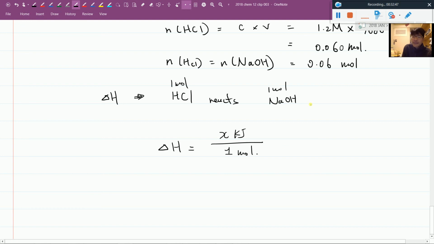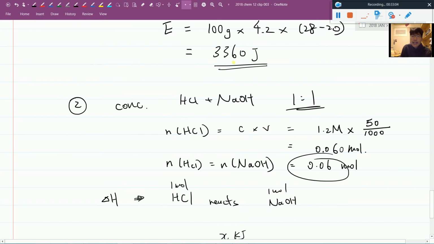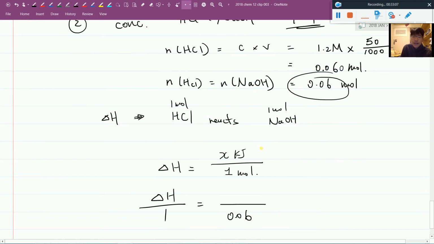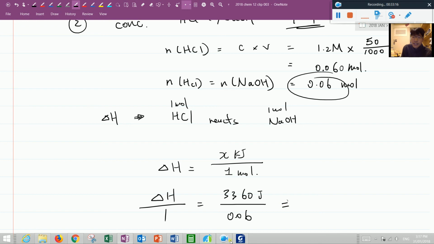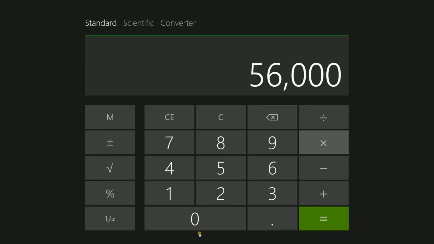Right? 0.06 mole of HCl reacted with 0.06 mole of sodium hydroxide, and it gives 3,360 joules. Then delta H equals 3,360 divided by 0.06, which equals a pretty big number, 56,000.